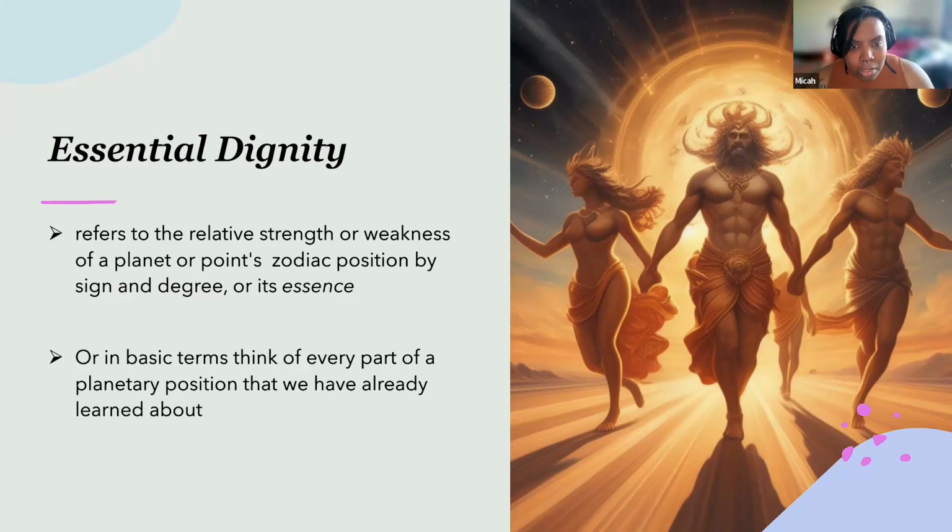It is basically what does that mean? What is that very basic planetary position? What is its essence? What is it saying? Because Venus is in Pisces, as our example says, we know that Venus is exalted in Pisces, and that strengthens Venus's expression.